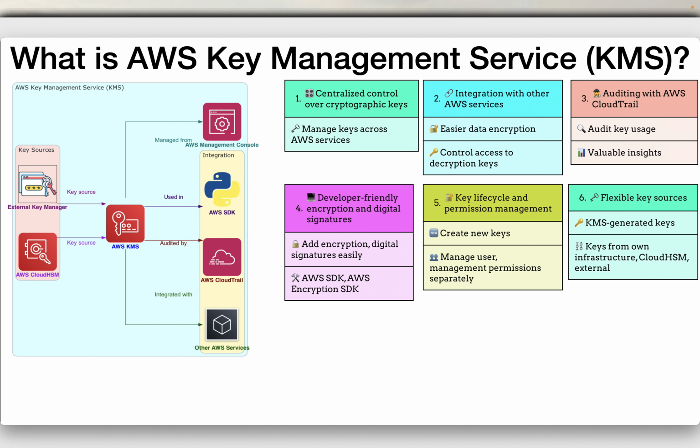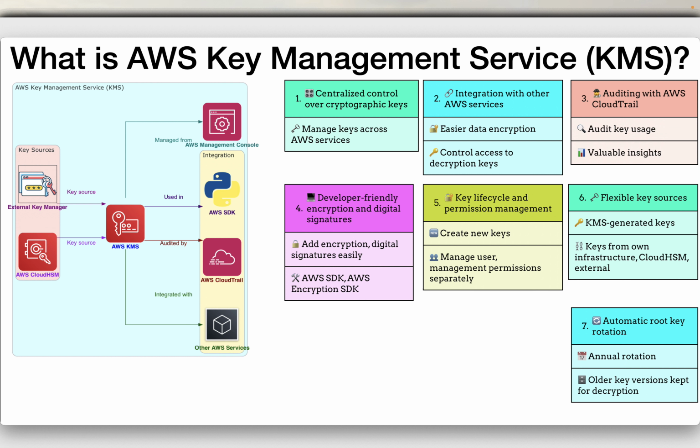In addition to using keys generated by KMS, you can import keys from your own key management infrastructure, use keys stored in your AWS CloudHSM cluster, or keys kept in an external key manager. KMS offers automatic rotation of root keys once per year without the need to re-encrypt previously encrypted data, while keeping older versions of the root key available for decryption.